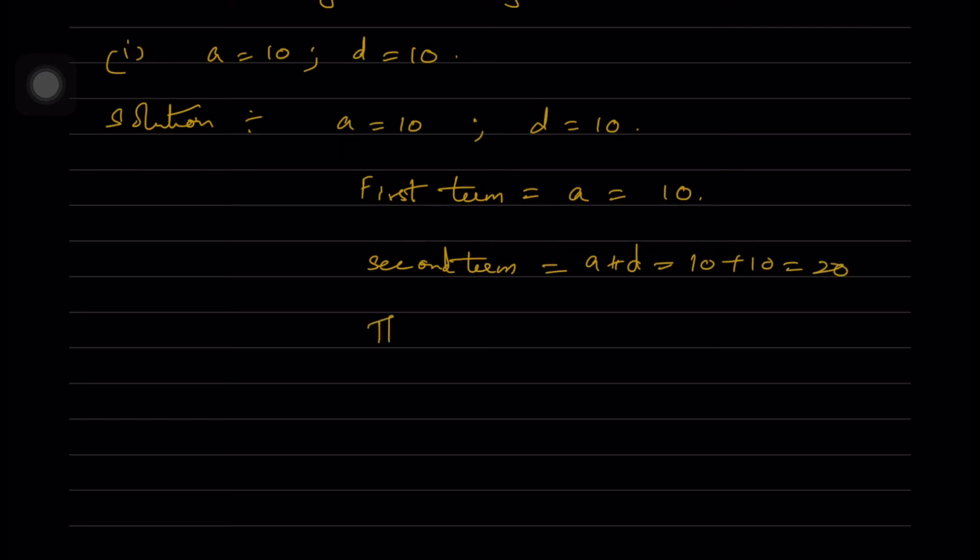Next, the third term is equal to a plus 2d, or second term plus d, which is 20 plus 10, equal to 30.